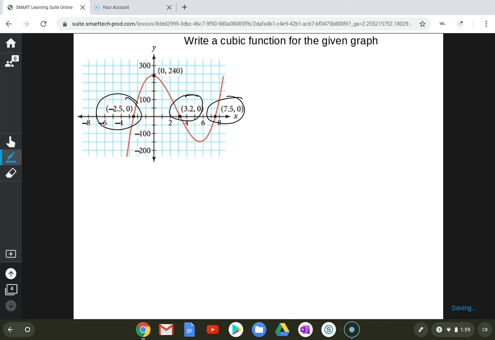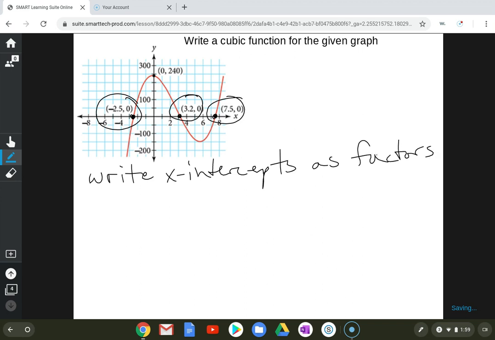So these 3 points here, here, and here, those x-intercepts, we're going to start by turning the x-intercepts into factors. So I'm going to write some steps. Write the x-intercepts as factors.